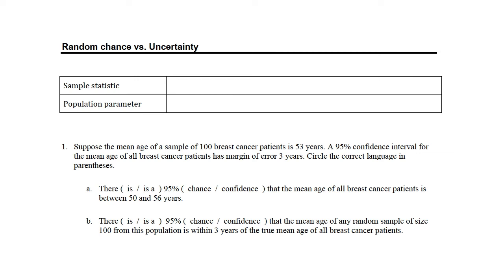We have to be very careful about the language that we use when we're talking about uncertainty. One reason it's so difficult to do this is that we misuse this language on a daily basis in our everyday lives. For example, if I were to say, I want to estimate the average height of all adults living in the United States, I might be inclined to say something like, oh, it's probably around 5'9".